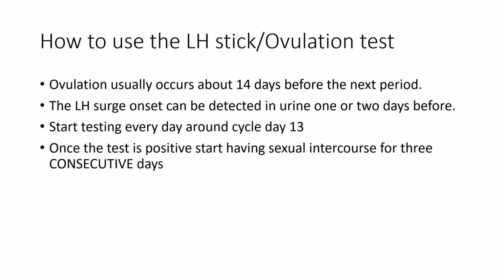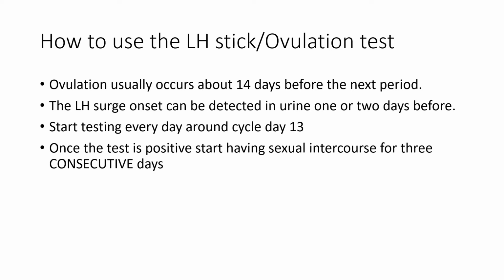The LH surge onset can be detected in urine 1 or 2 days before ovulation. For most women, this will mean that you start testing the urine around cycle day 13. They must test the first urine in the morning and not test again for the rest of the day. Either it's positive or it's negative in the morning.